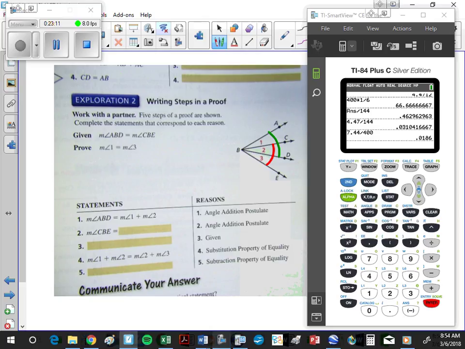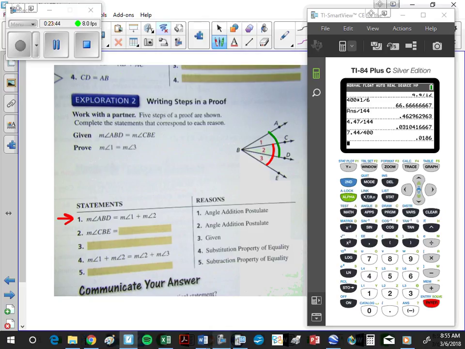Okay, so the measure of angle ABD is equal to, right here, the measure of angle 1 plus angle 2. Right? So the measure of angle 1 plus the measure of angle 2 is equal to ABD. And they wrote the angle addition postulate, which is a really fancy way to say the two parts add up to the whole. It's pretty obvious, right? 1 and 2 add up to that green angle. Okay.